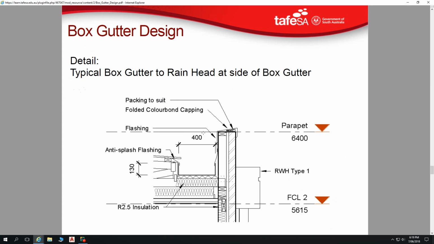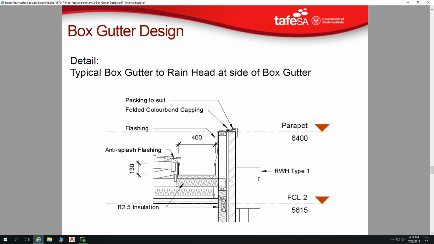This particular detail, that parapet detail, I think I've drawn that for you before, where we've got the parapet wall, parapet flashing, a parapet capping, our secondary parapet flashing that sits under that parapet capping and then folds over into the box gutter, and then an anti-splash flashing there to help stop water coming back into the roof space from blowing water, etc. Also within that detail, we've got our box gutter support.